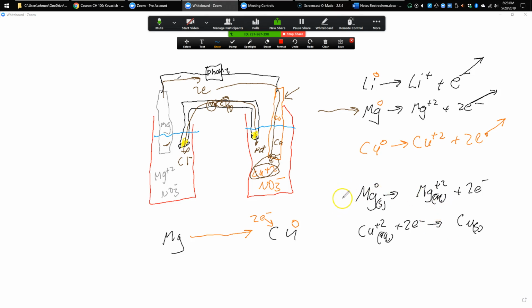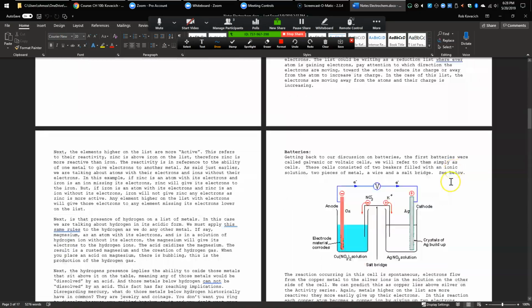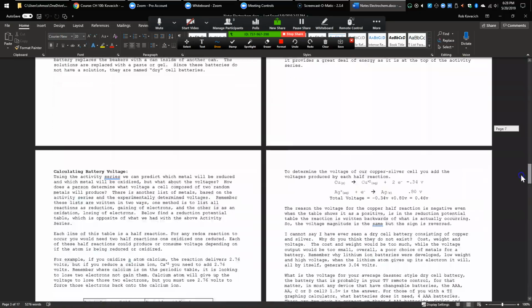And then on one of those oxidation tables that I showed you, they have another form where they tell you what the voltages are. So this little half reaction would generate a certain amount of voltage, and this little half reaction would generate a certain amount of voltage, and then you add them up, and that would tell you what the total voltage of the battery would be. And this battery is actually not a very good battery. Oh wait, no, maybe it's not terrible. Let me scroll down here.